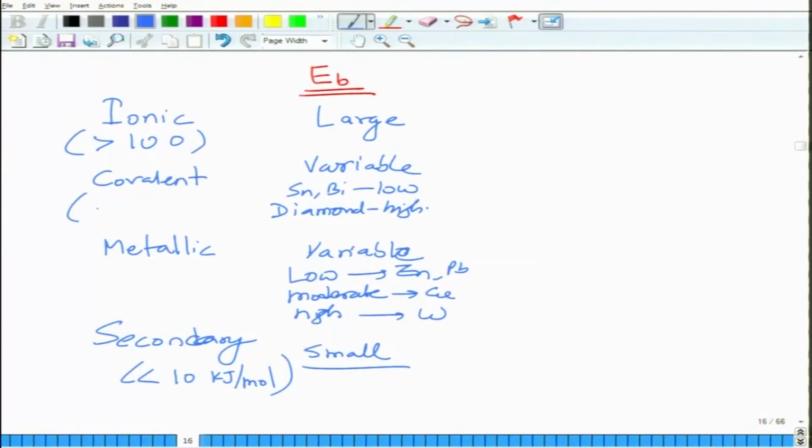Covalent is between 50 and, let us say, 350. Metallic will be anywhere from 20 to 350. Secondary bonds will be very low, less than 10, and on the lower side typically less than 1 kilojoule per mole.